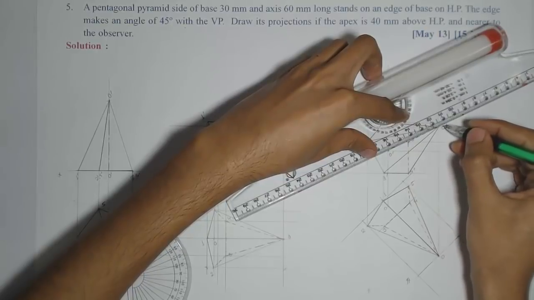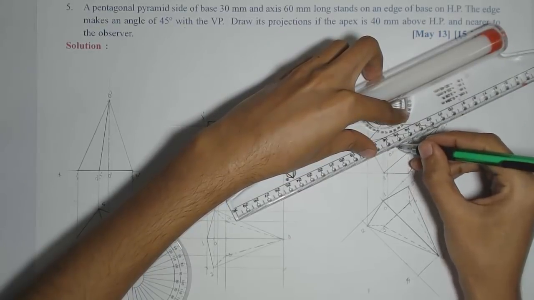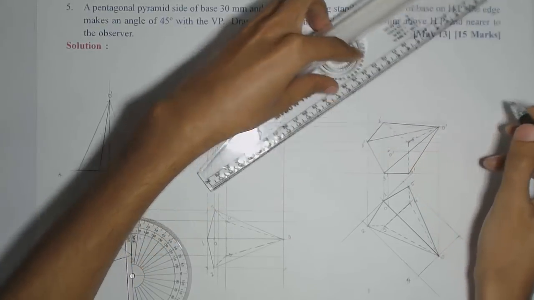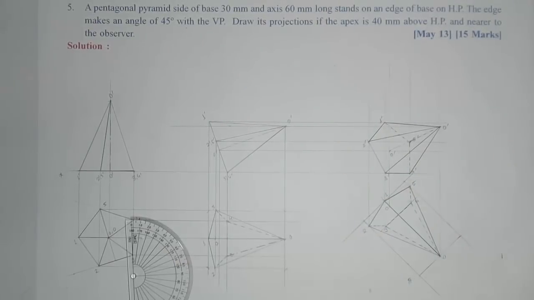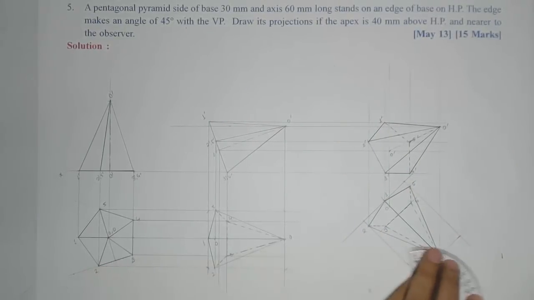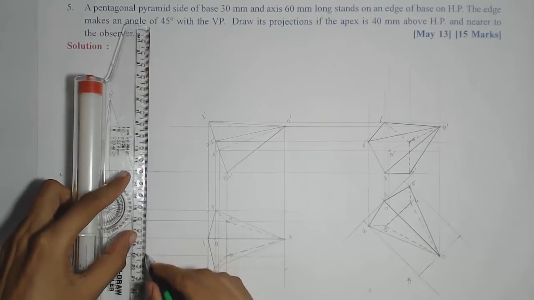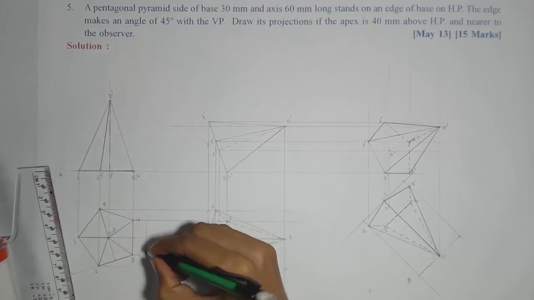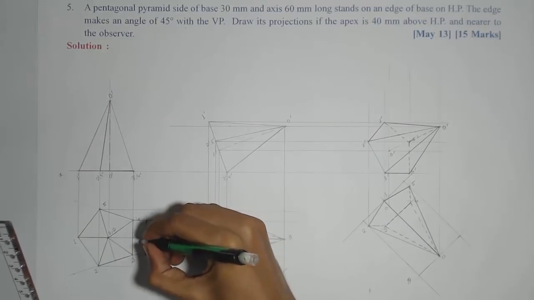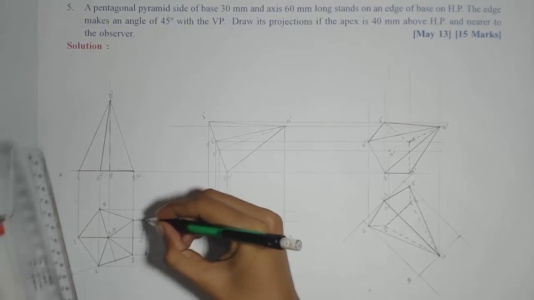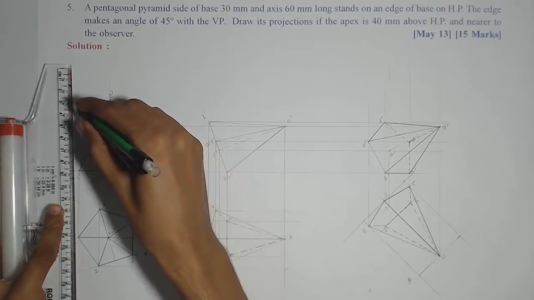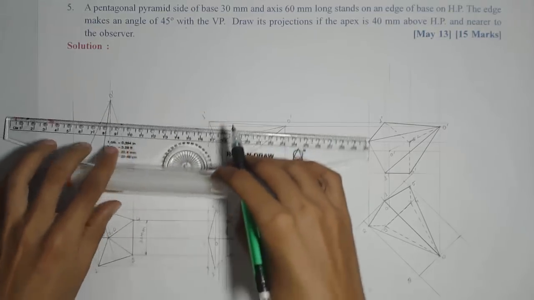Now marking the axis, O dash by long dash short dash. So this completes the solution. Again, we need to show dimensions, base edges, which is 30 mm, and axis height is 60 mm.